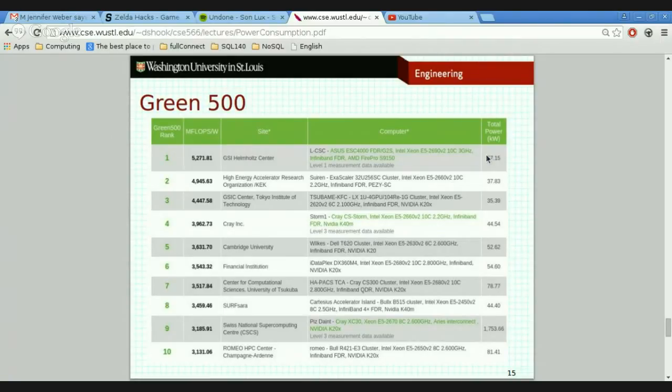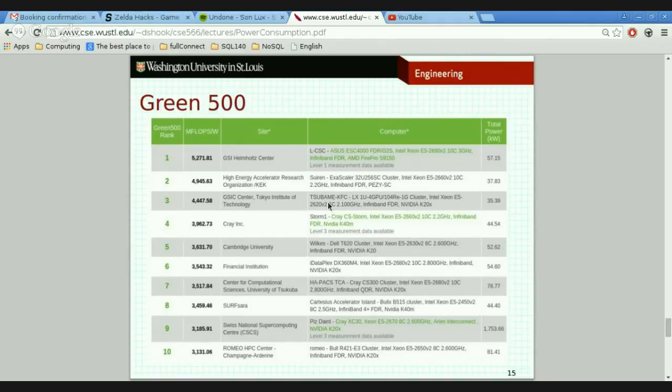And that's a pretty common theme. The most efficient computers are typically not the fastest computers. Although there are some interesting exceptions to that rule. If you scroll down to, let's see, looks like it's number 3 right here, here's that computer that we were talking about earlier, the Tsubame KFC, right?